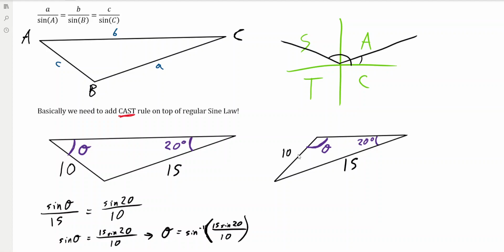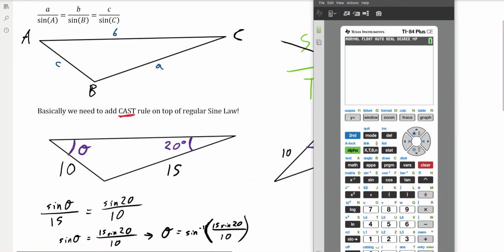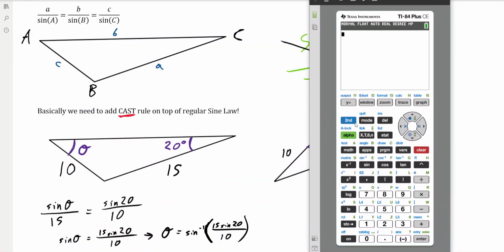Now, if we plug this into our calculator, what are we going to get? I'm just going to bring the calculator over here. Second function, sine inverse, we're going to put it in fraction form, 15 sine 20 over 10 in brackets, and we get 30.86588, whatever. So I'll call it 30.866.